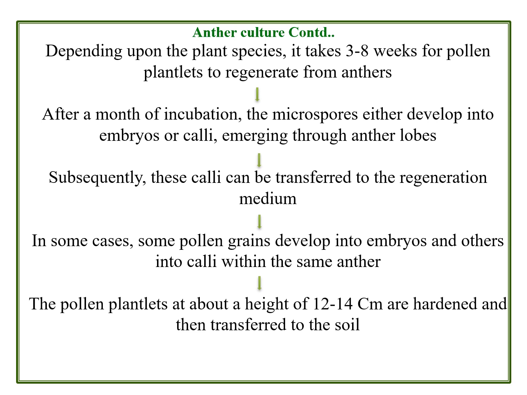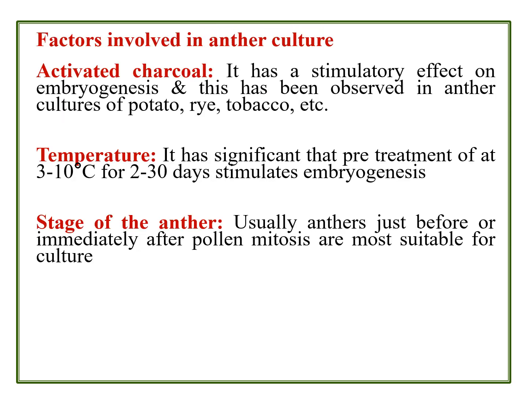In some cases, some pollen grains develop into embryos, and other calli within the same anther can also be inoculated on the same conditions, that is MS media supplemented with a high concentration of auxin and cytokinin. The pollen plantlets with a height of 12 to 14 centimeters are hardened and then transported to the soil. So that is the hardening process.